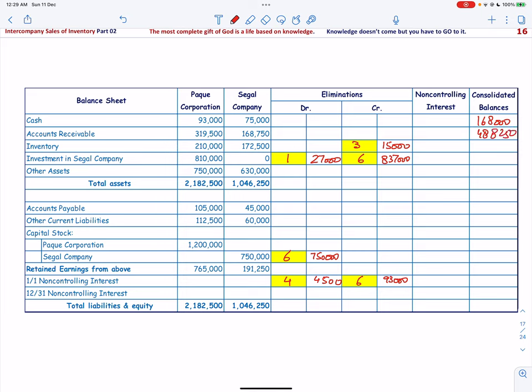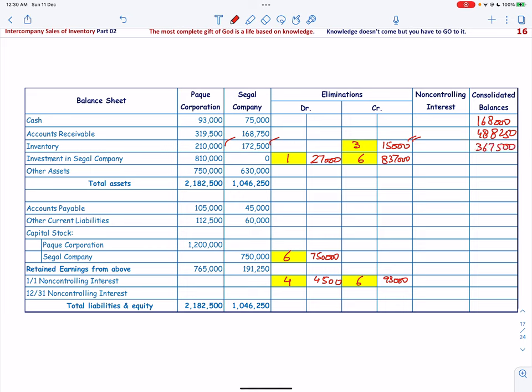Then we have the inventory for P company and S company, and there is a credit, so we are going to subtract the 15,000, that is the overstated ending inventory, that was the unrealized profit in the intercompany sales. So this is going to be equal to how much? 210. This will be 367,500.